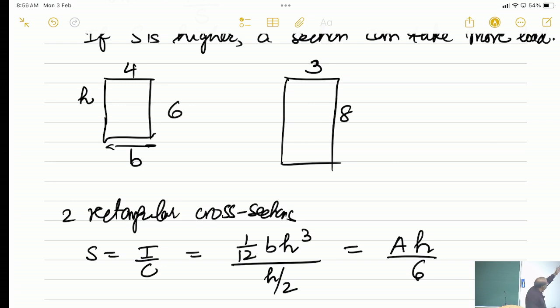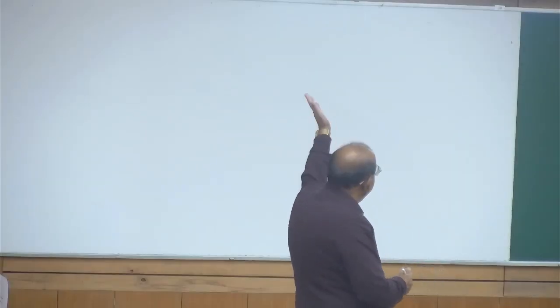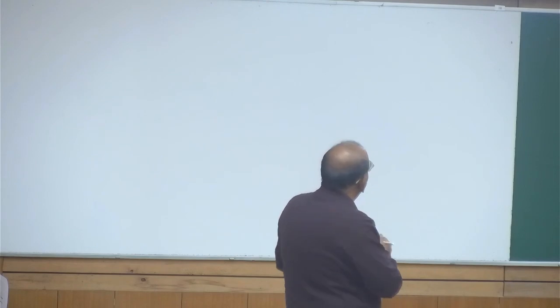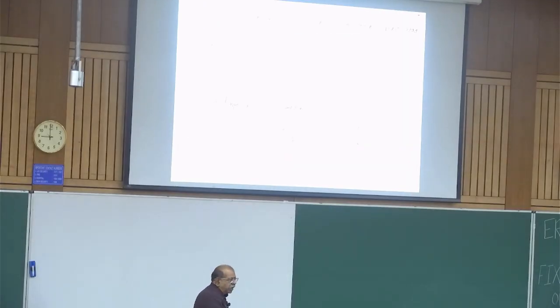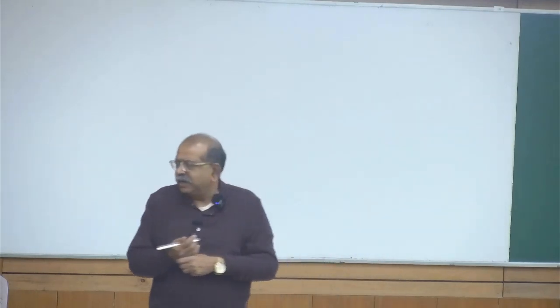For a rectangular cross section, I is given by 1 over 12 b h cube, and c is h by 2. It's obvious, it's the distance. So, if we work it out in terms of area, it's area times h by 6. And if the areas are equal, then you would like h to be higher for a given section, so that you have a stronger beam. This is how, and we will see some of these problems.